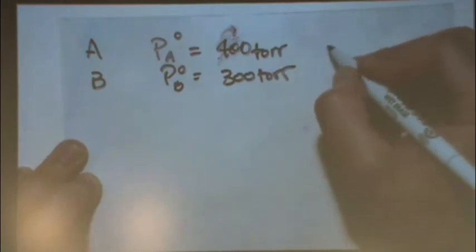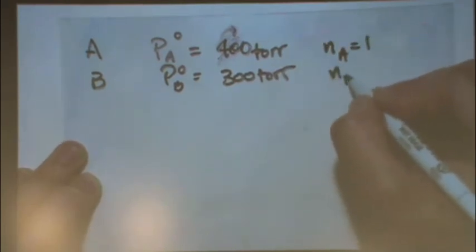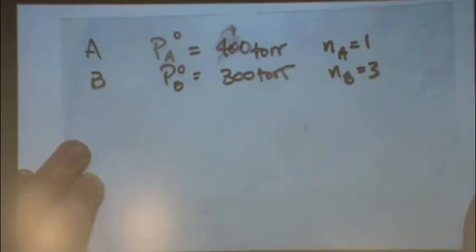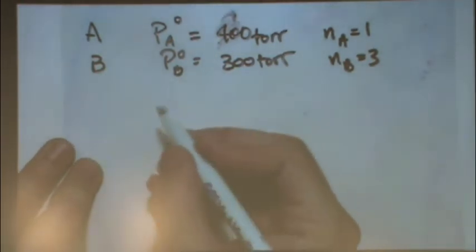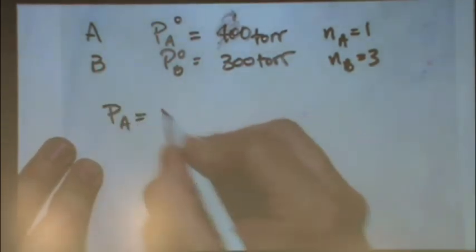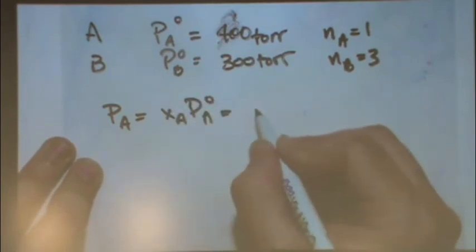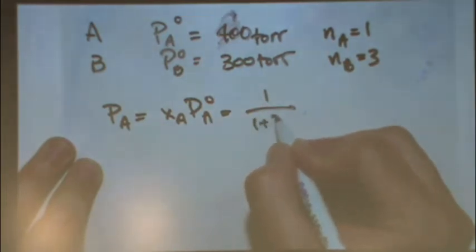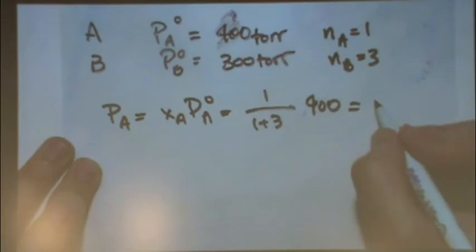And you need the moles of each. So let's say moles of A is 1 and moles of B is 3. In order to do Raoult's law, we could ask what's the partial pressure of A? Well, that'd be the mole fraction of A times the pure pressure of A. So the mole fraction would be 1 over 1 plus 3 times 400, which I guess is 100.